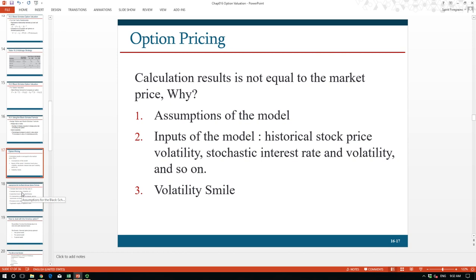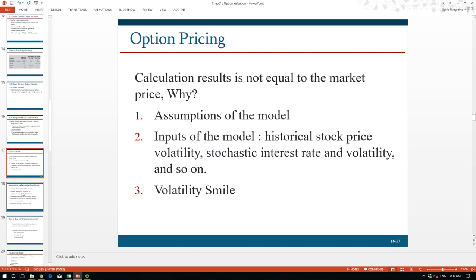And an additional concern is the inputs of the model. And there are 5 inputs, right? Stock price, strike price, interest rate, time to maturity, and volatility. Here it's 100% sure that you are getting the stock price, that's for sure, and the strike price, that's for sure, time to maturity, that's for sure. And previously we called interest rate for sure, but here interest rate could be a dynamic term.